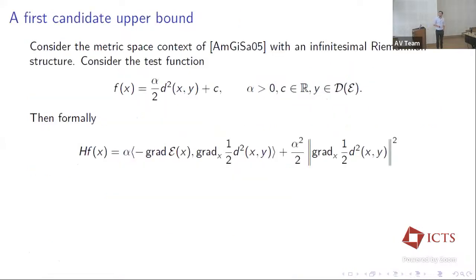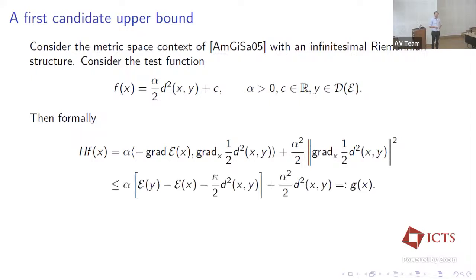Okay, so what is now our Hamiltonian? Let's take one of this form. Then formally we have these two objects, and now we have formulas for both. For the first part, we use the EVI upper bound. For the other one, we use the Riemannian structure, and this is the object that we get.